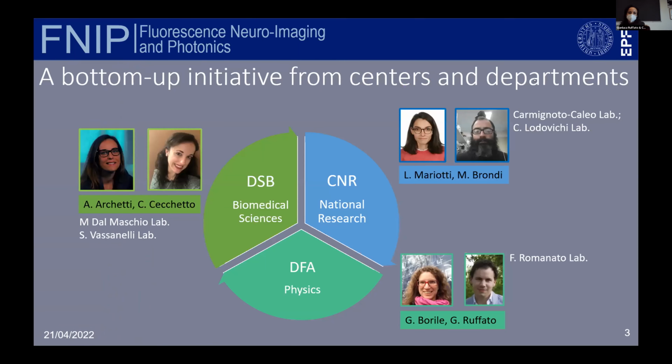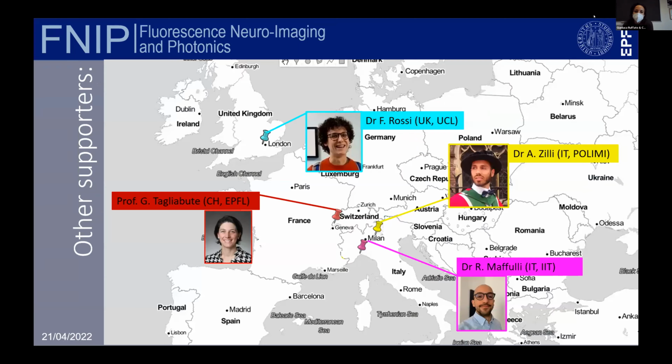This initiative is a bottom-up initiative from centers and departments. It started from Anna Archetti, as I already said, from Marco Dal Maschio's lab here in the biomedical science in the University of Padua, and also from the National Research Council with Dr. Mariotti and Dr. Brondi, and with the help also of the Department of Physics with Dr. Borile and Dr. Gianluca Ruffato, who is present today.